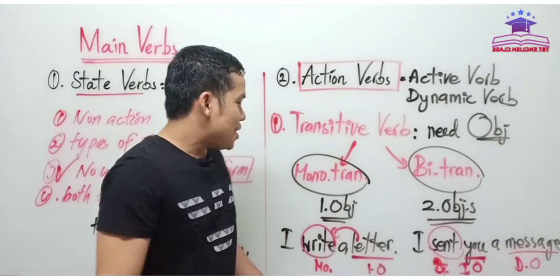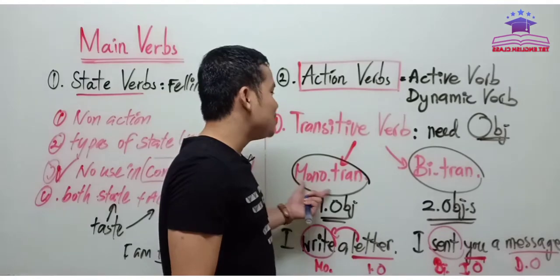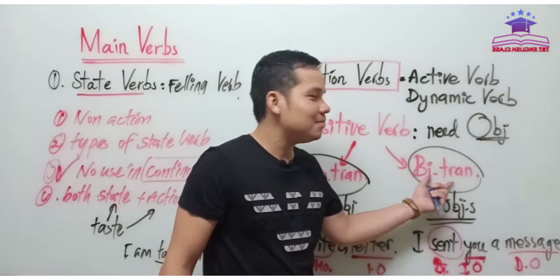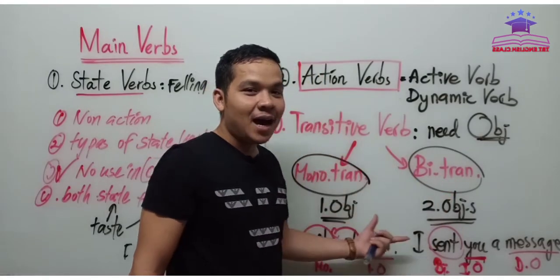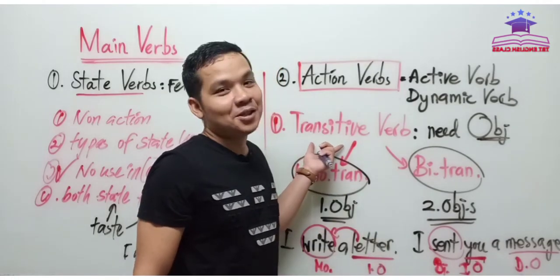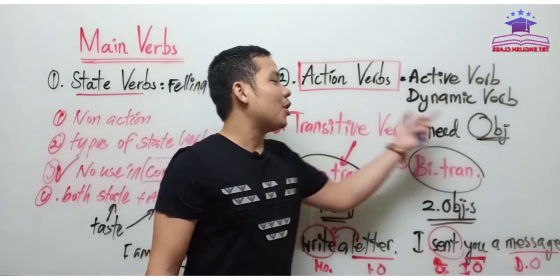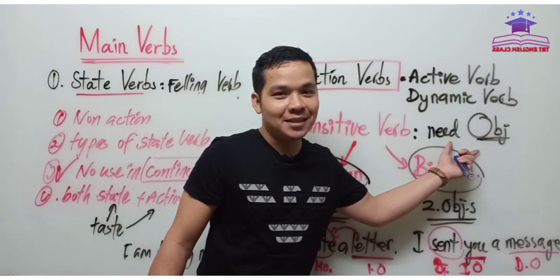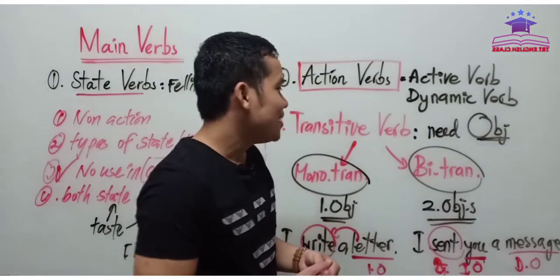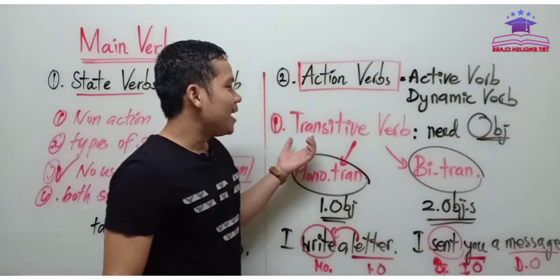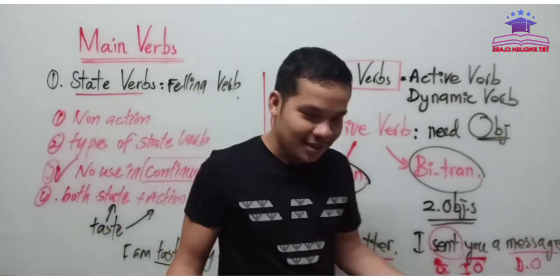monotransitive verb. Okay, so monotransitive verb and bitransitive verb are divided from transitive verb. And with transitive verb we talk about verbs that need an object. You get the idea? Okay, and about intransitive verb, that's okay, no need to explain.